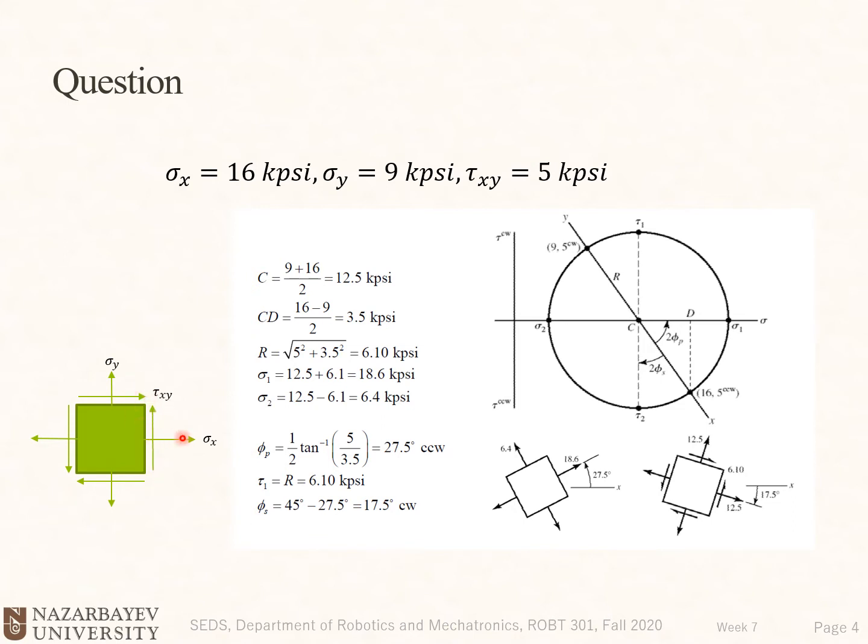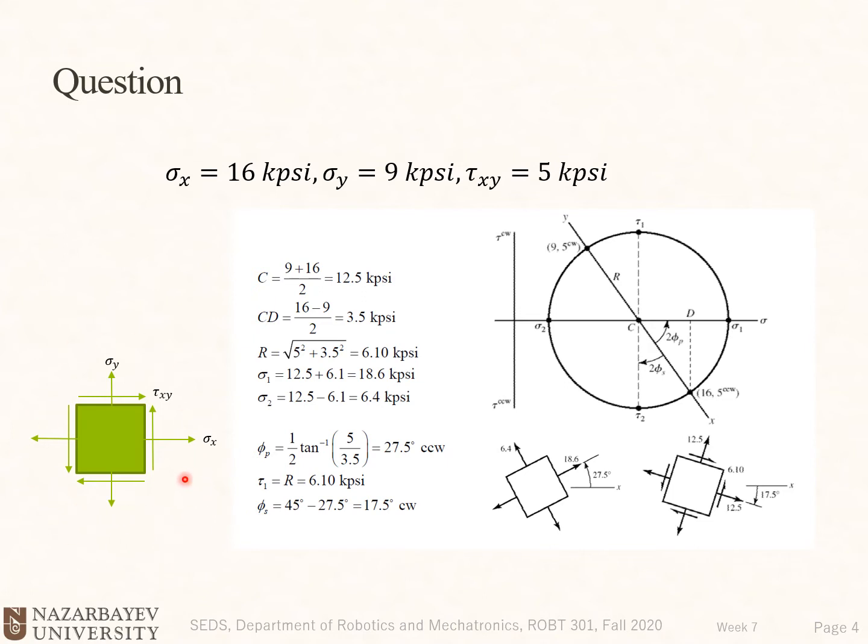So if it's positive, it means that basically the heads are intersecting here, and tau xy on the x side is willing to rotate the element counterclockwise, and tau xy on the y side is willing to rotate the element clockwise.